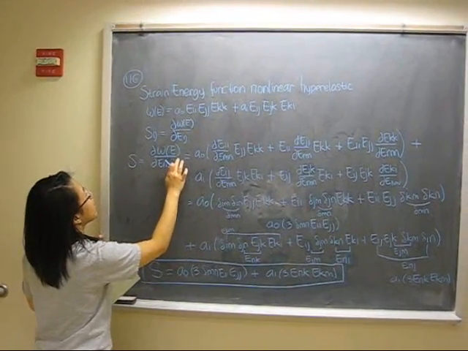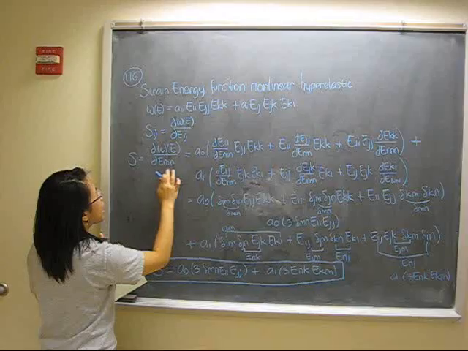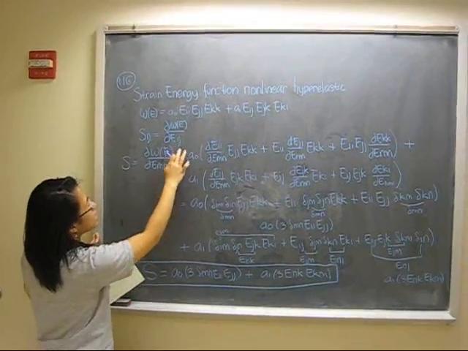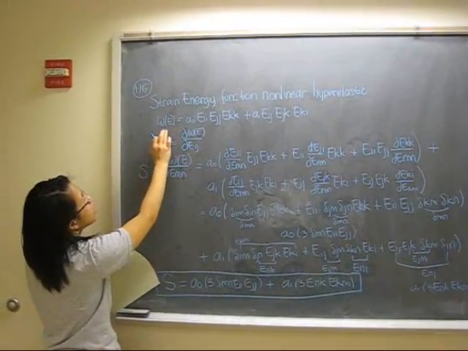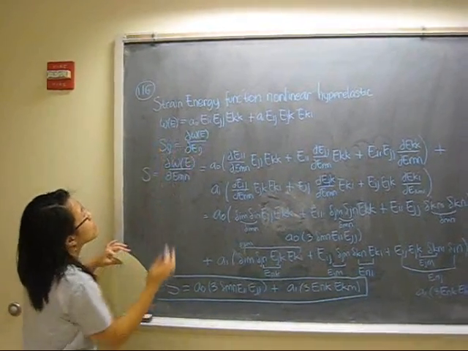the derivative of the strain energy with respect to E_MN. We cannot use E_IJ because we already have I, J, and K in the given equations.